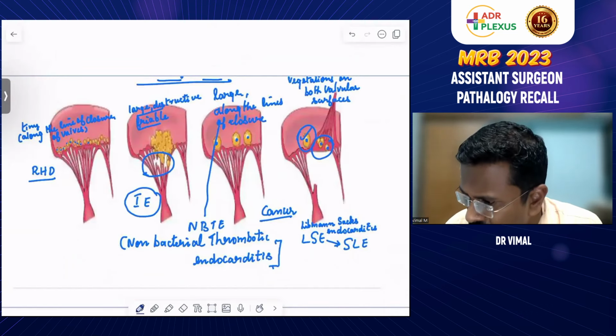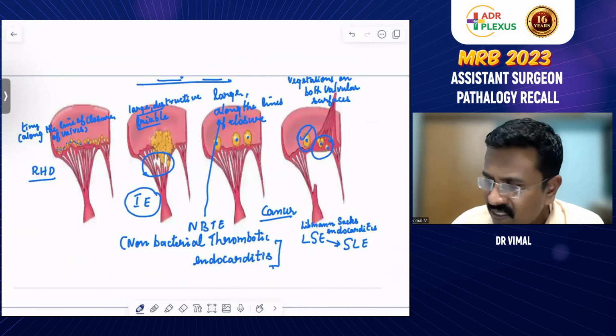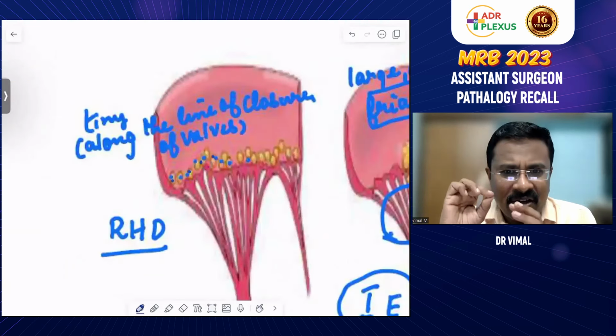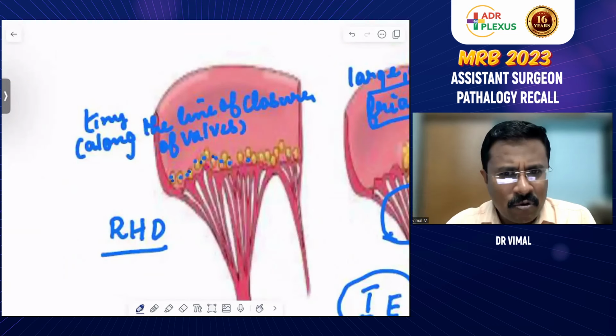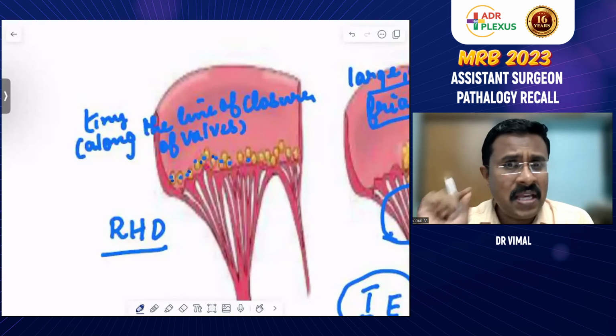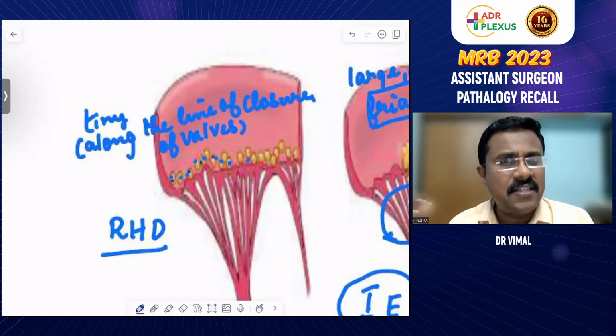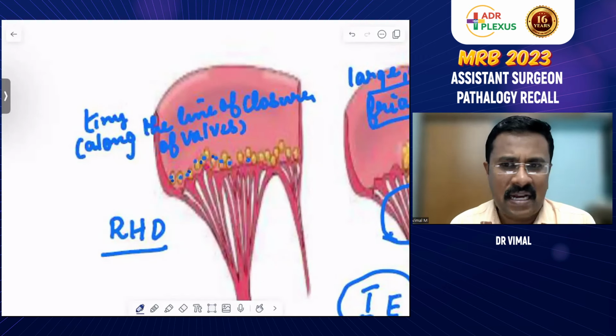When you have small, tiny, warty vegetations along the line of closure of the valves, that is characteristic of rheumatic heart disease.